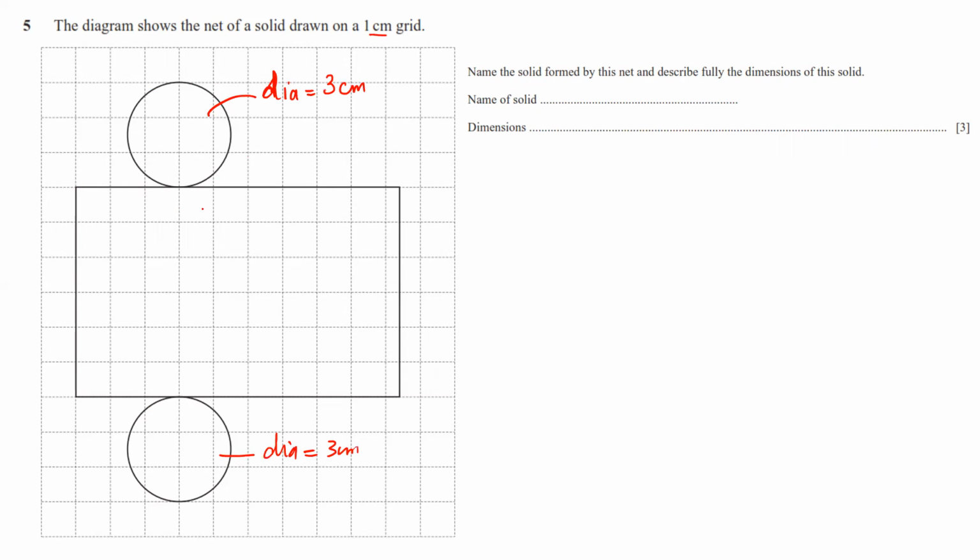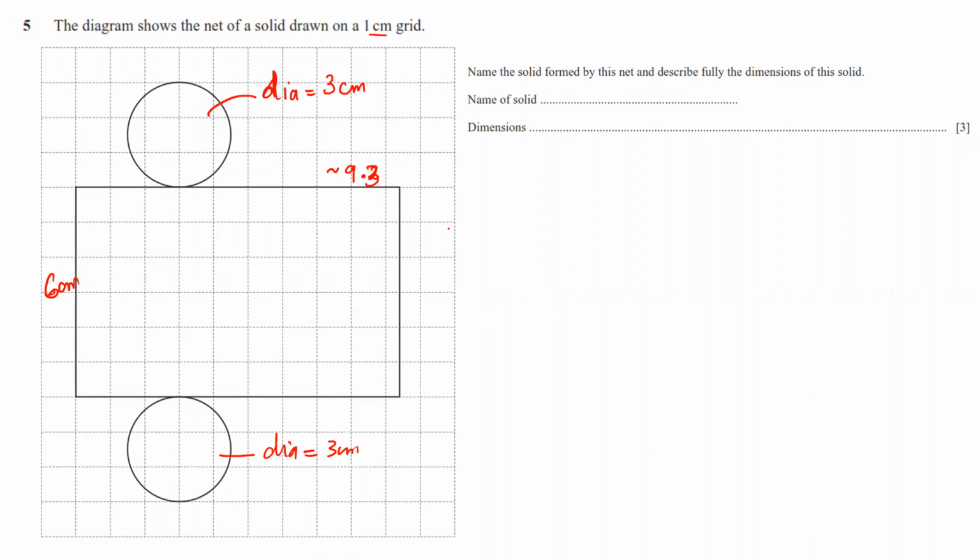1, 2, 3, 4, 5, 6, 7, 8, 9, and approximately 9.3 or 9.4. So this is something in the ballpark of 9.3. Then 1, 2, 3, 4, 5, 6, so this is 6 centimeter in this direction.